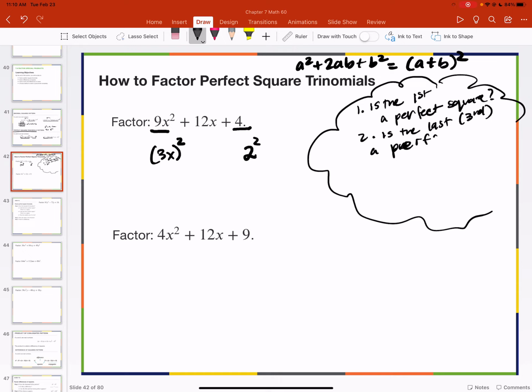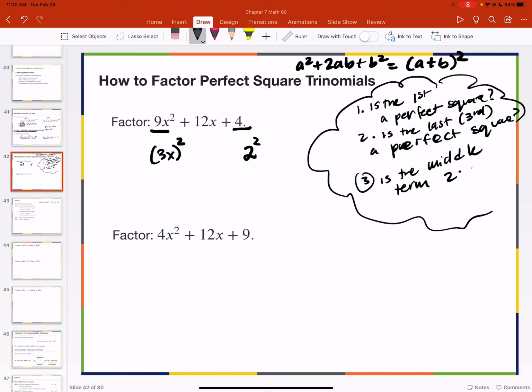This is, of course, with the understanding that it's in the right format: ax squared plus bx plus c. And then, is the middle term equivalent to twice the product of a times b?